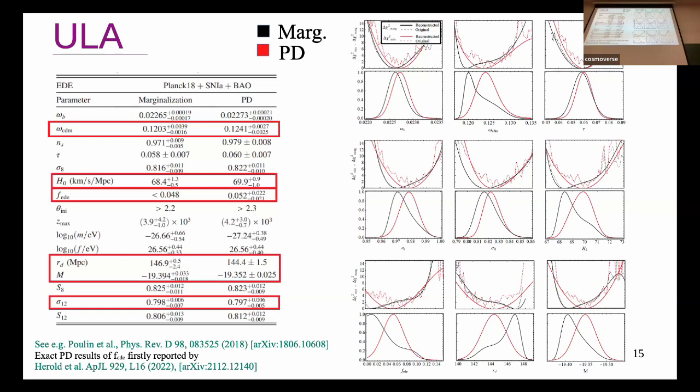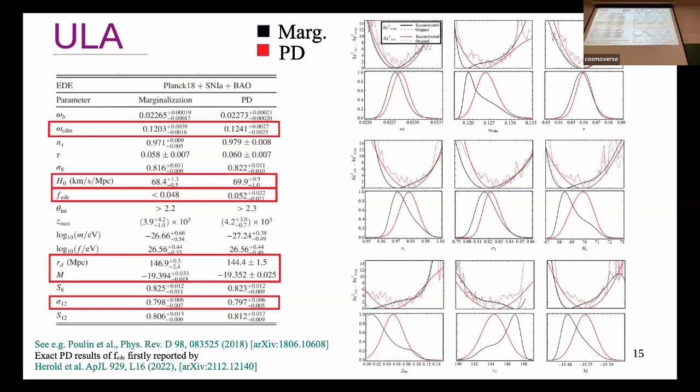Why? Because the scale at which we are evaluating the amplitude of the power spectrum is completely different. If the value of H0 is shifted, we are producing shifts in the value of sigma 8, which are unnatural. We are comparing the power spectrum at two different scales. So we might be introducing additional tension, or maybe we are reducing the tension in an unnatural way.